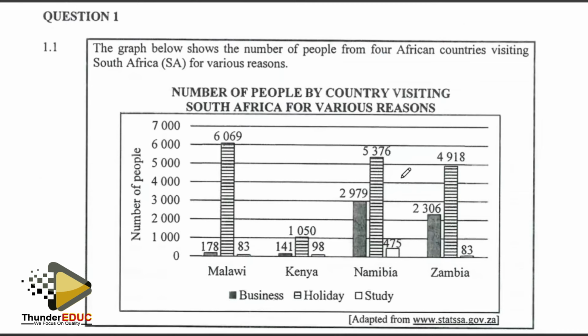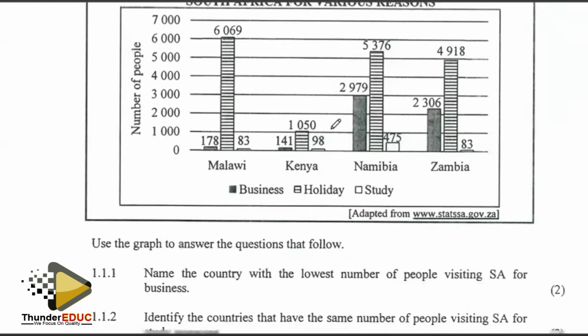The graph below shows the number of people from 4 African countries visiting South Africa for various reasons. Now, these are the different countries that we have. You can highlight them: 1, 2, 3, and 4.